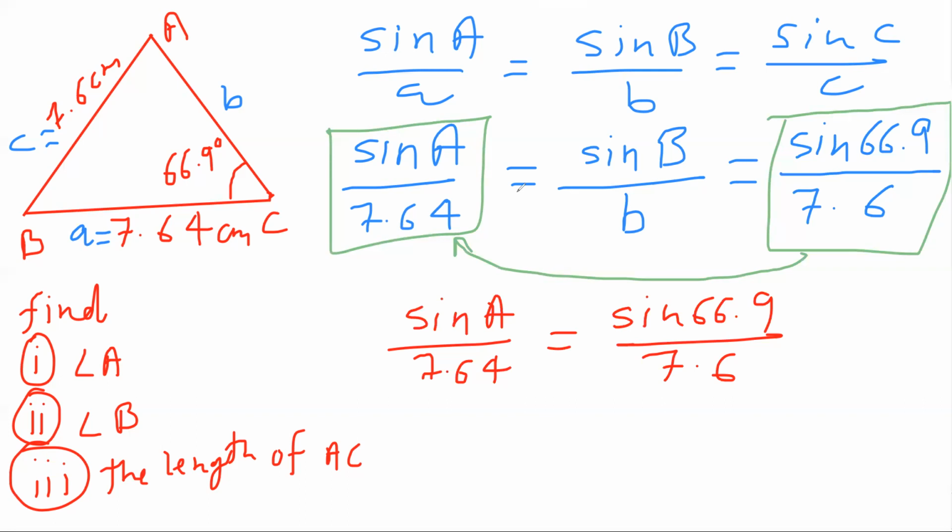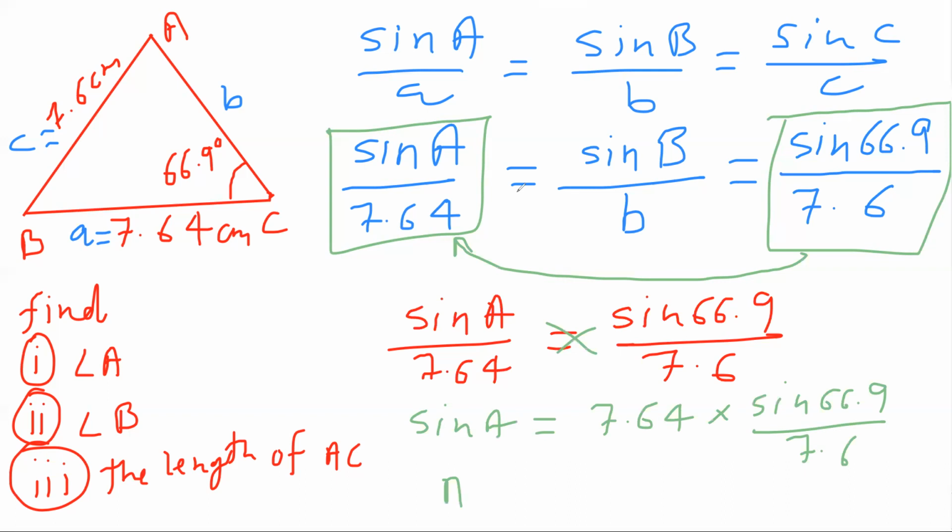Now you can cross multiply, and sine A equals 7.64 times sine 66.9 over 7.6. Now use your calculator. A equals sine inverse, because the sine A from the left hand side becomes sine inverse of this answer here.